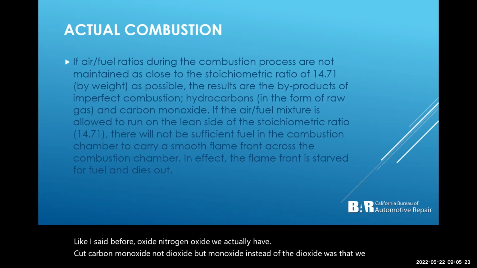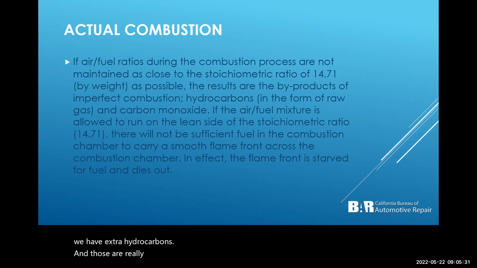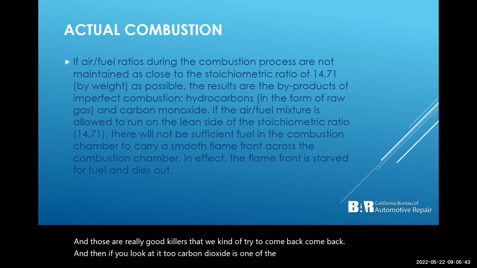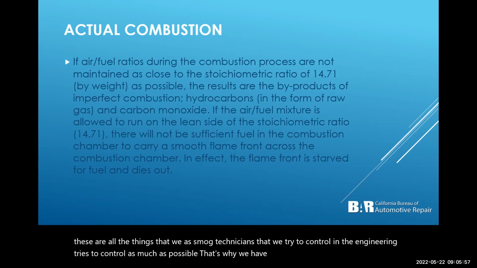We have extra hydrocarbons, and those are the really bad killers that we try to combat. And carbon dioxide is one of the gases that is flagged as global warming. So these are all the things that we, as technicians, try to control, and the engineers try to control as much as possible. That's why we have the smog related devices on your car.